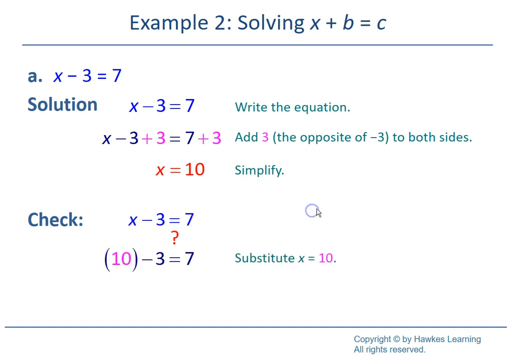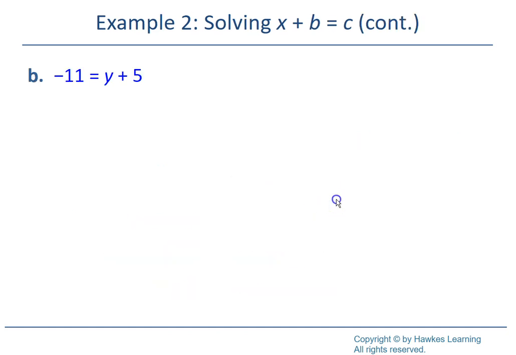And they do a check of it that we're not going to spend time on, because we've done some like that earlier. Now, what do you have to add here to get a positive 5 to become a 0? Well, a negative 5. So you could put a negative 5 underneath this, a negative 5 under this.